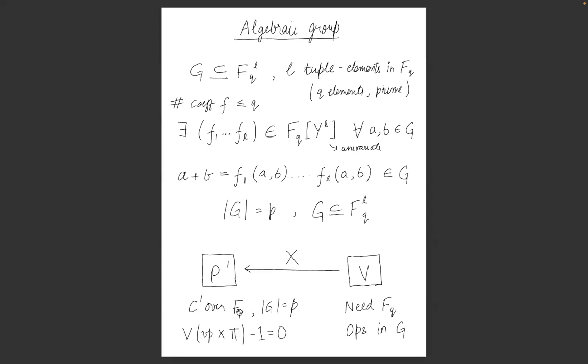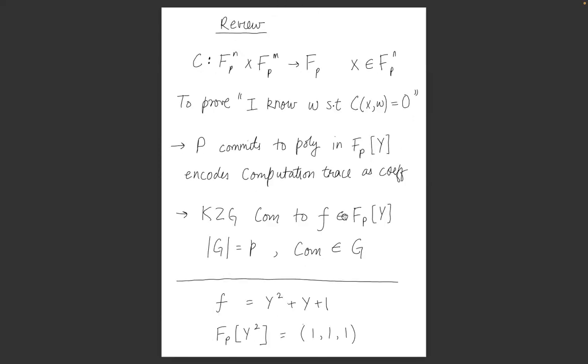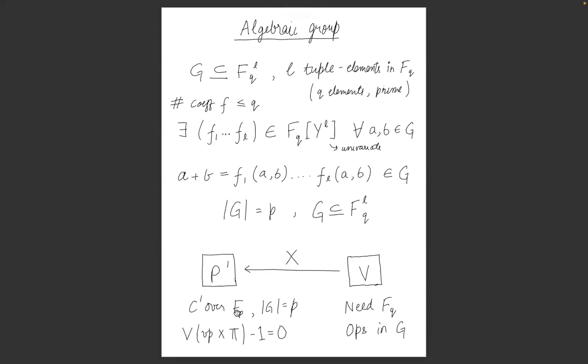My bad. So now the outer prover needs the circuit to be over FQ. That's why there is a mismatch and we cannot use the same groups as before, because the prover is now operating over FQ instead of FP. Earlier it was FP for the circuit, but now it's working over FQ.